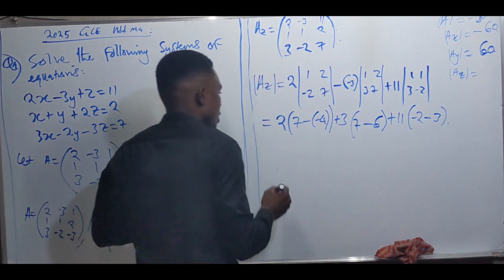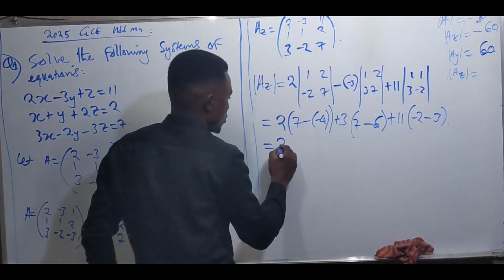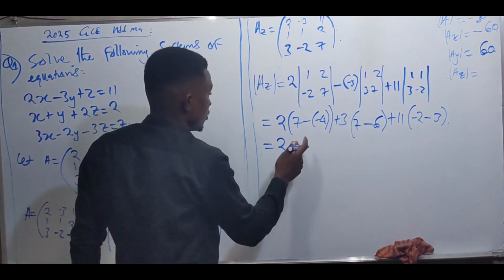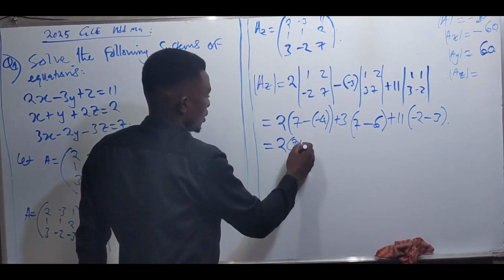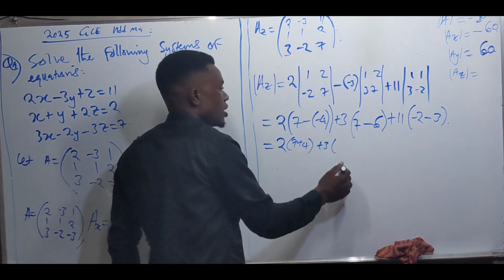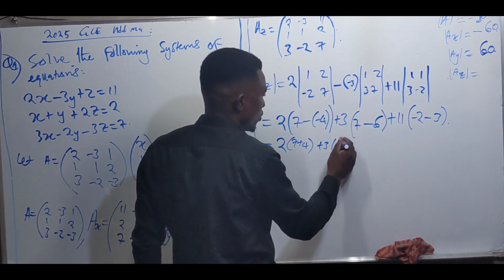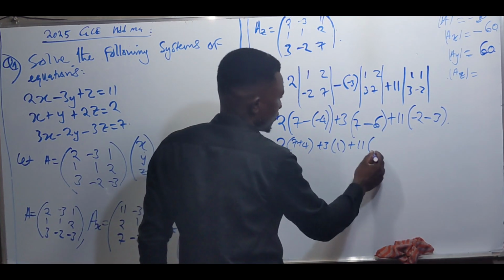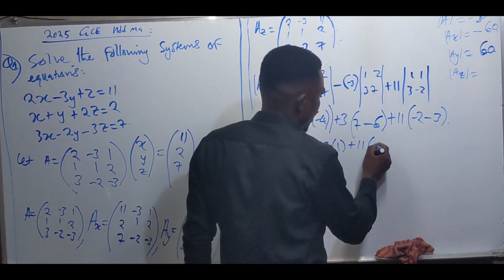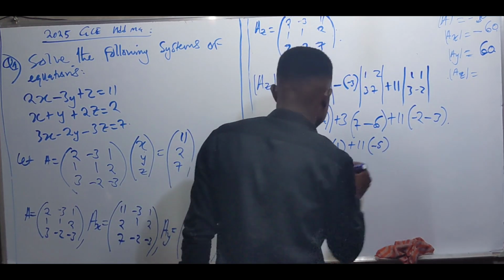That's 3. Great. Therefore, this is 2. Negative times negative, that is what? Positive. So I have 7 plus 4, then plus 3. 7 minus 6, that is 1, plus 11. Negative 2 minus negative 3, that is negative 5, like that.